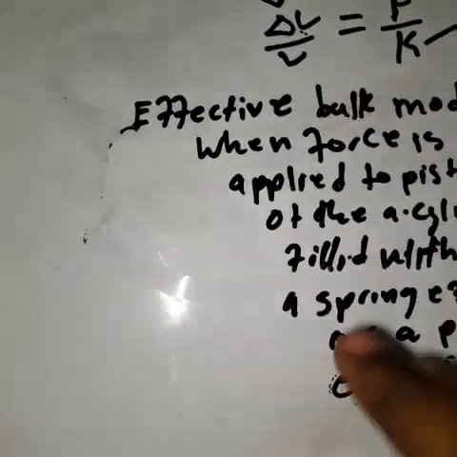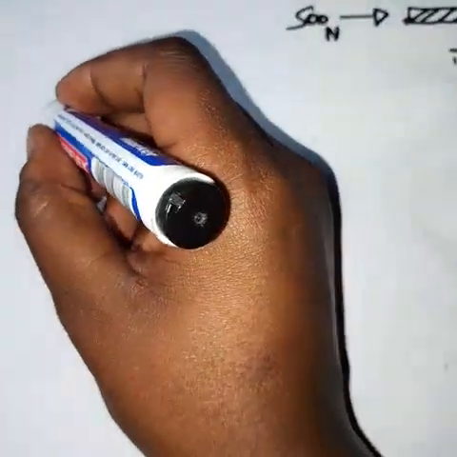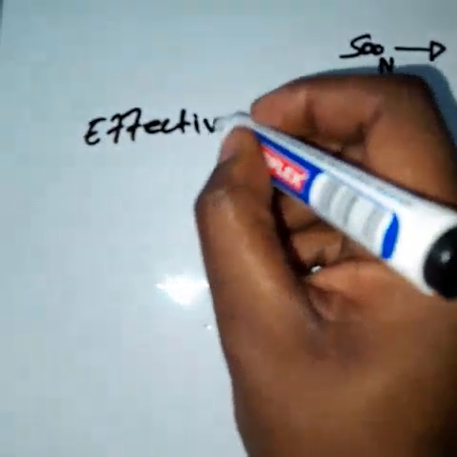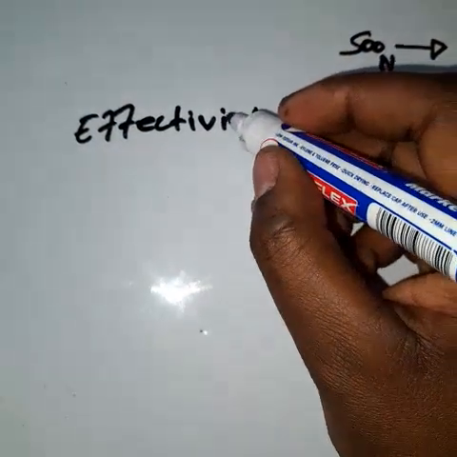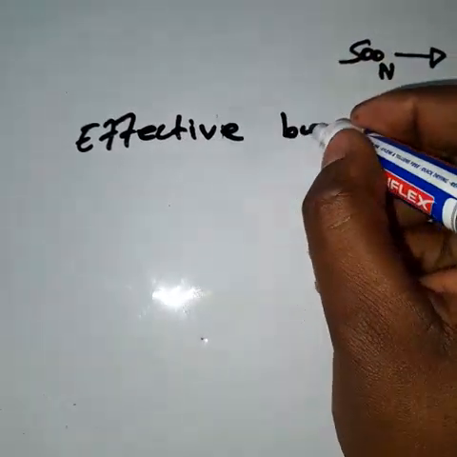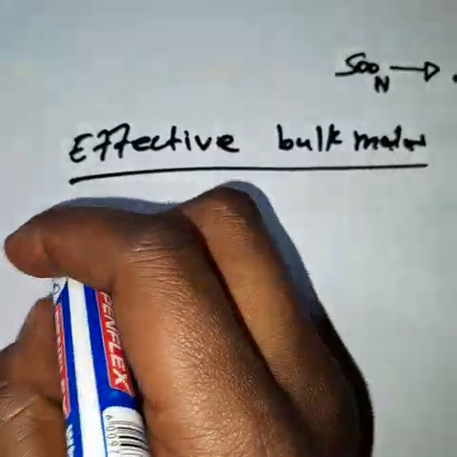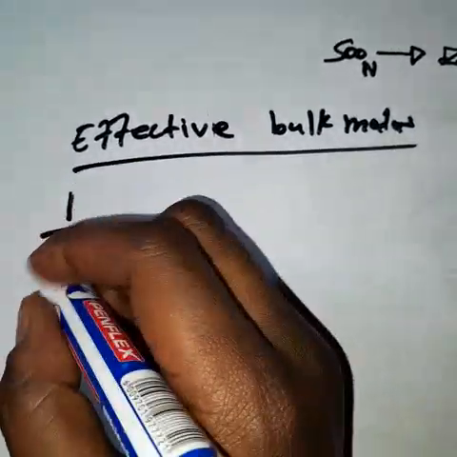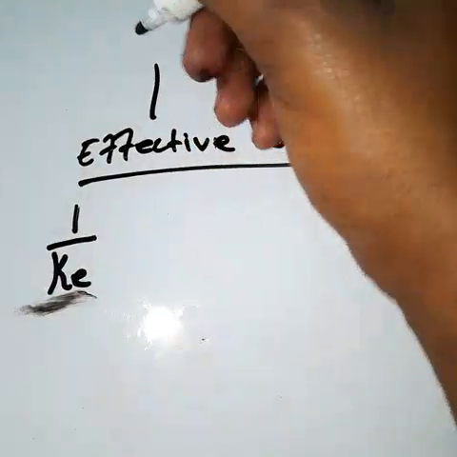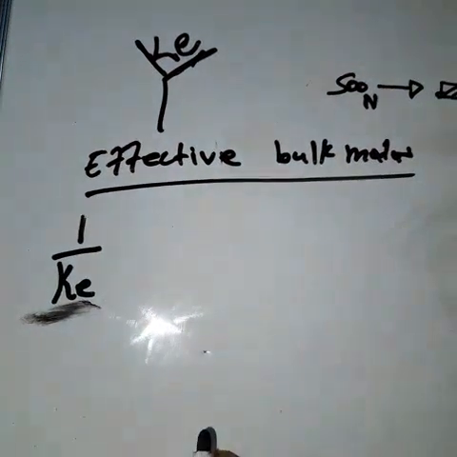The formula to calculate effective bulk modulus is given as 1 over K_E, where this K effective is represented by K with the letter E. This is the effective bulk modulus.